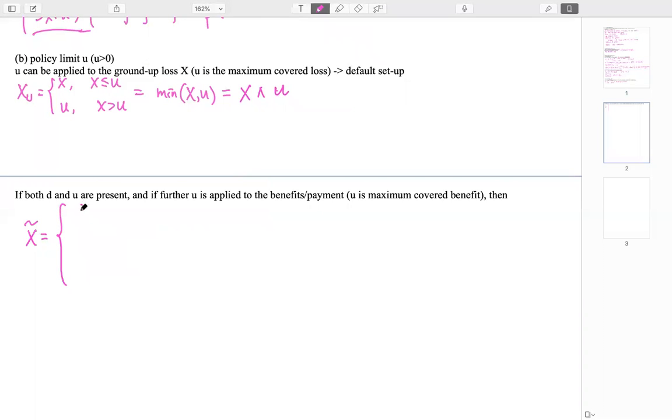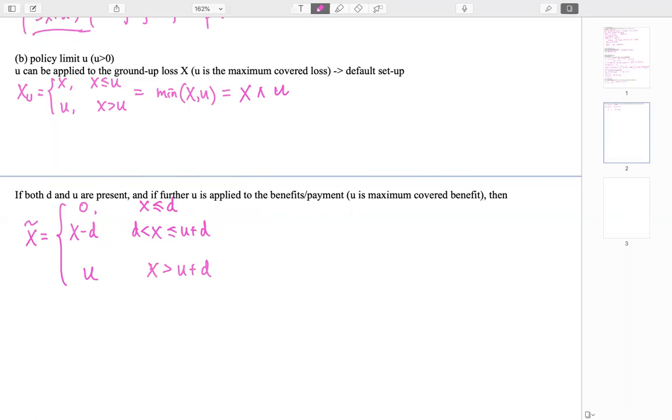So first of all, it will be 0 if your original loss is less than the deductible, right? And if it is greater than the deductible, but less than or equal to U plus D, it will be X minus D. When it is greater than or equal to U plus D, the maximum.